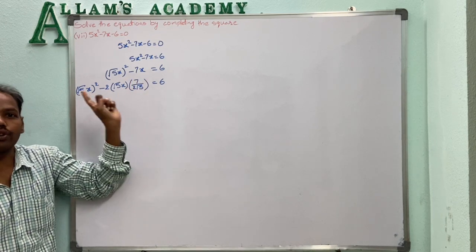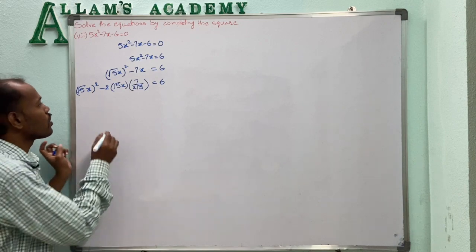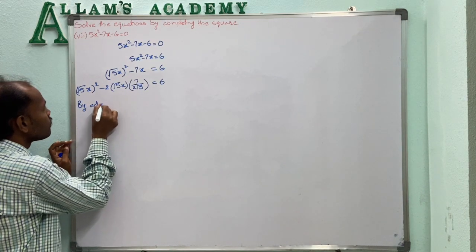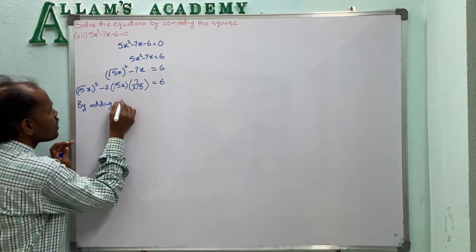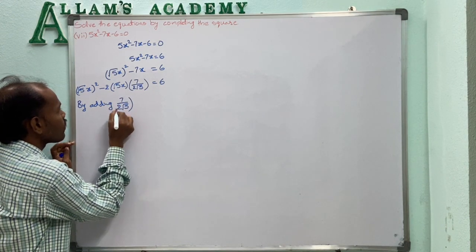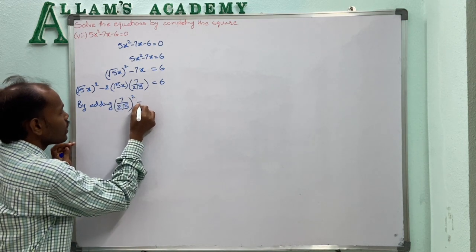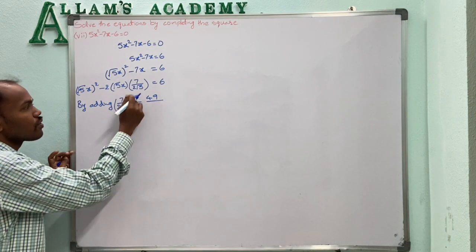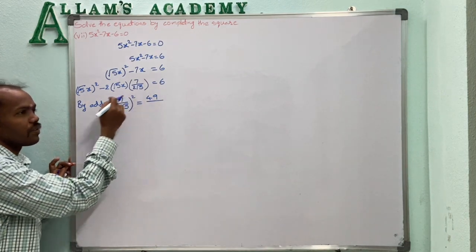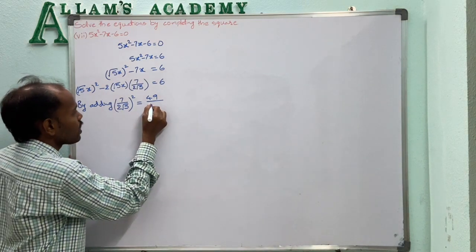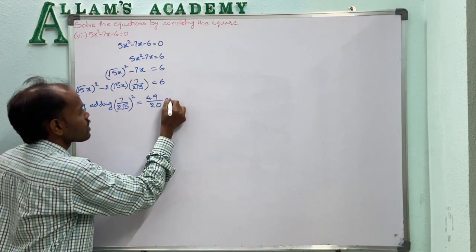So we add to both sides (7/(2√5))². Here 7² equals 49, over (2√5)². 2² equals 4, (√5)² equals 5, so 4 into 5 is 20 on both sides.